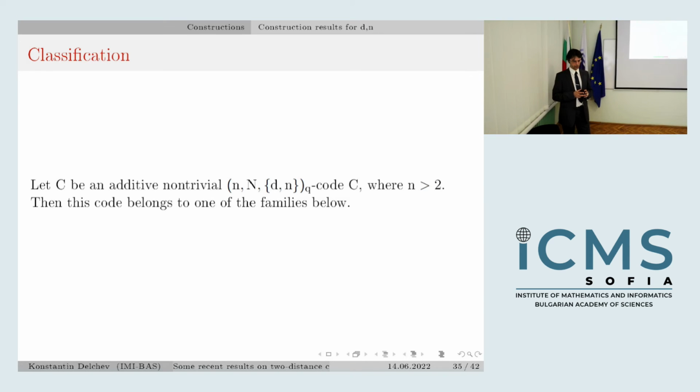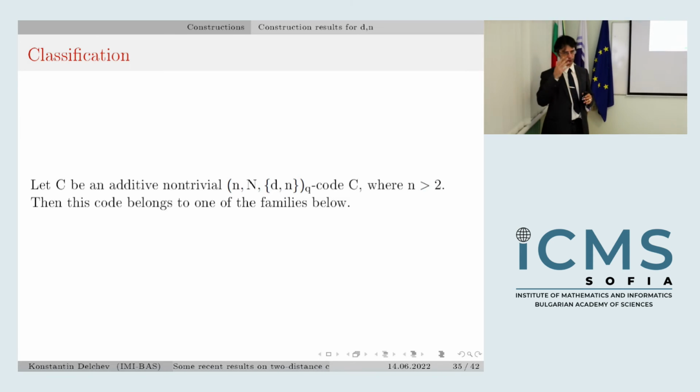However, it turned out that complete classification and exhibiting such nice types of constructions will not be possible, which leads directly to the question of what happens if we fix one of the distances, and we fix it someplace where it is interesting, because maximal distances are interesting, especially in the binary case where they tell us a lot in general. And this is the classification that was reached for N.